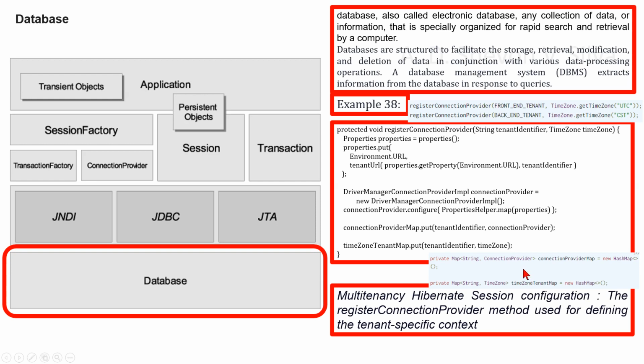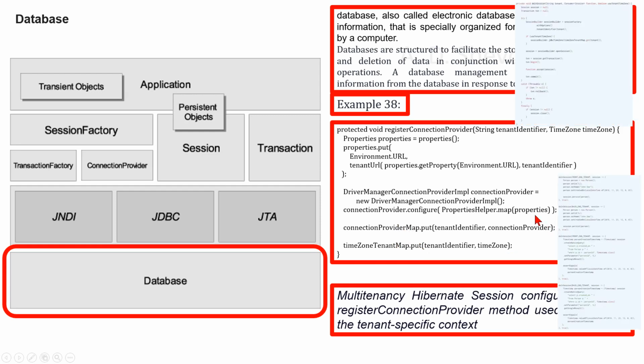In our example, the tenant specific context is held in the connectionProviderMap and timeZoneTenantMap. Now when building the Hibernate session, aside from passing the tenant identifier, we could also configure the session to use the tenant specific time zone.